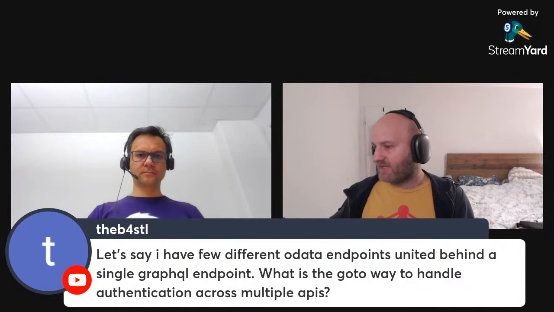Okay, so authentication across multiple APIs. That really depends. If you do GraphQL, you could do header propagation, where the GraphQL server would propagate the headers to a downstream service like OData, REST or gRPC. They would then handle the authentication and return the data if it's allowed, and the GraphQL server would just pass that through, maybe doing some transformations on it. So the authentication could be handled down in one of those downstream services.